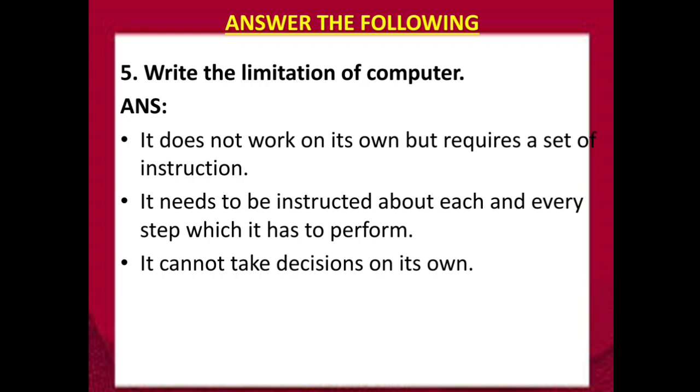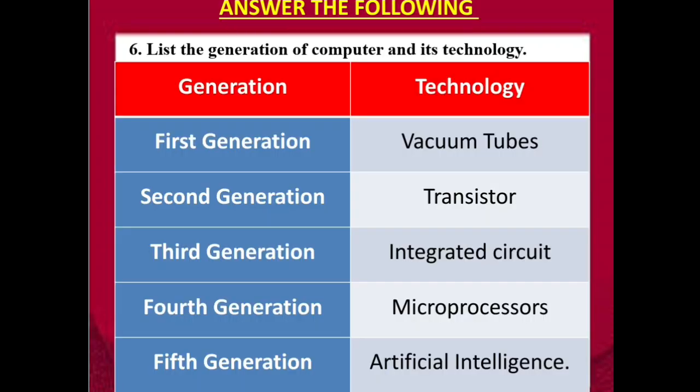Okay, children, now the next question. List the generations of computers and their technology. You know how many generations there are? Five generations: first, second, third, fourth, and fifth generation. Now they are asking for the technology also.